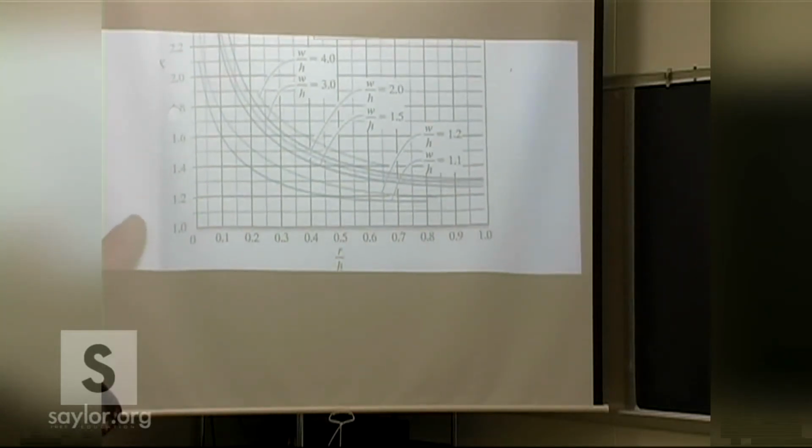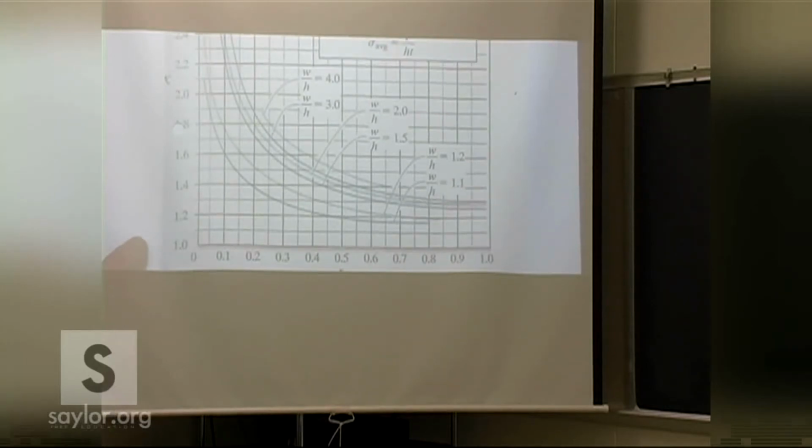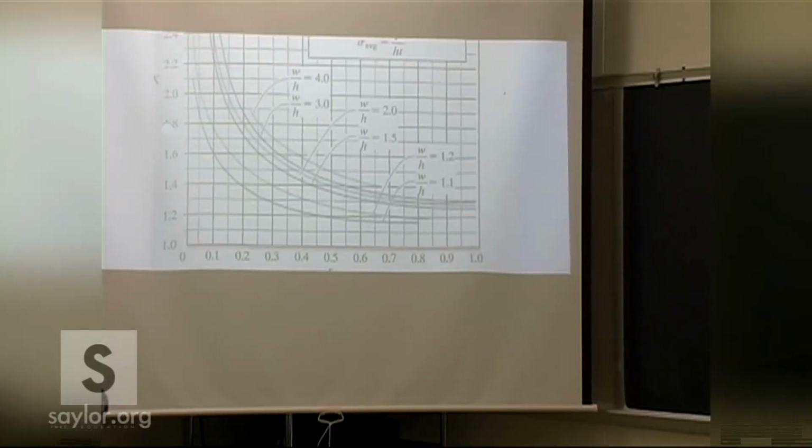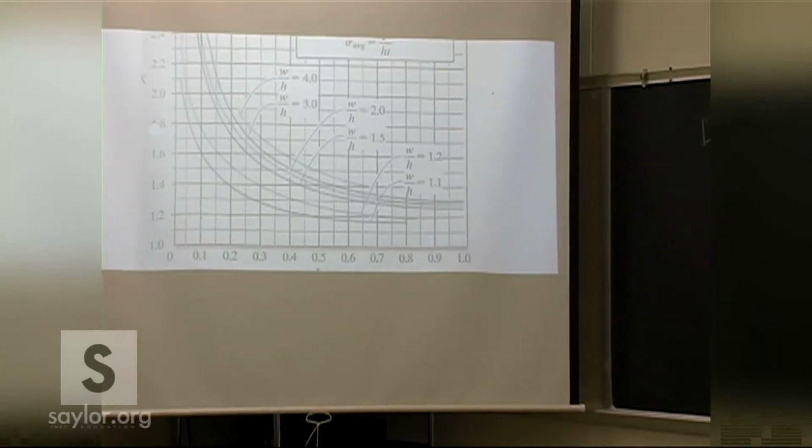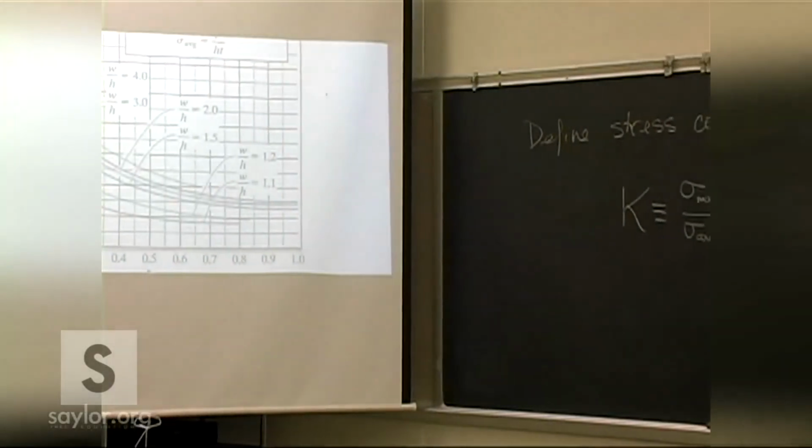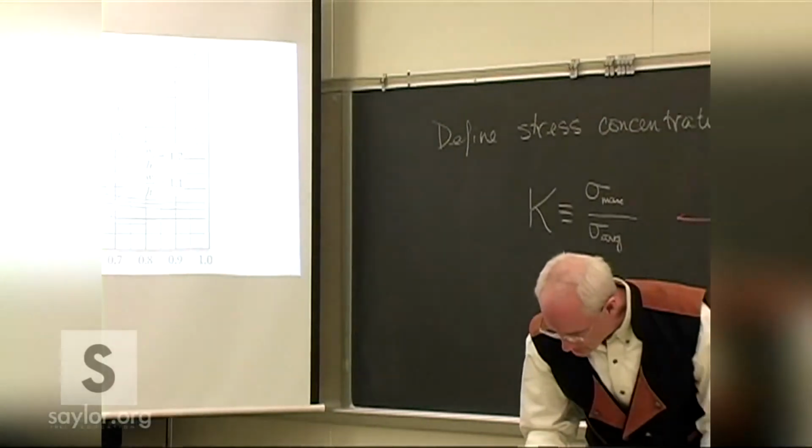Again, the bottom is R over H. The vertical axis is the K that we're looking for. R is the radius of the fillet. H is this minimum dimension across the reduced piece.